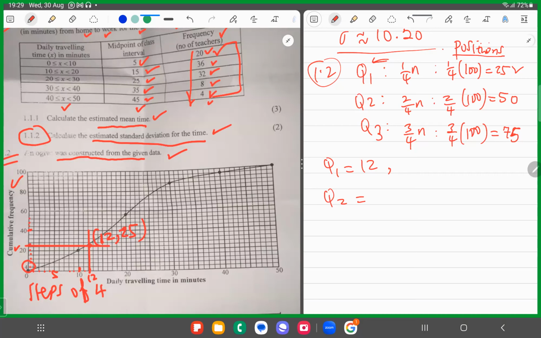After 48, you have 52, which means this is going to be slightly here above this. It's going to be here. This is just estimated.